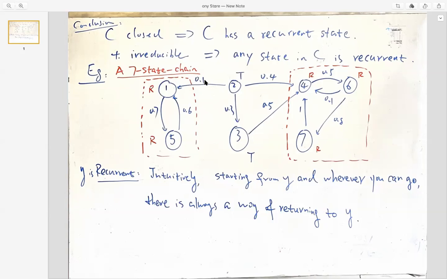Since recurrence is contagious, if 2 is recurrent, then 1 should be recurrent as well, and the transition rho from 1 to 2 should be positive. But this is not positive, it's 0. You cannot move from 1 to 2. So our assumption is not true, so 2 is transient. So you can use the fact that recurrence is contagious to argue that as well.